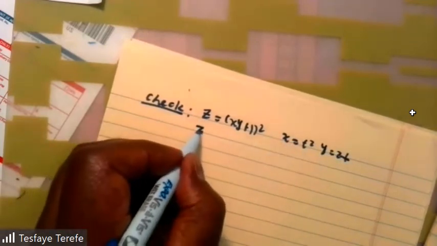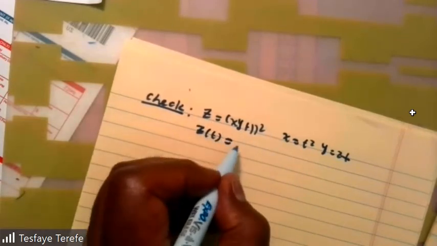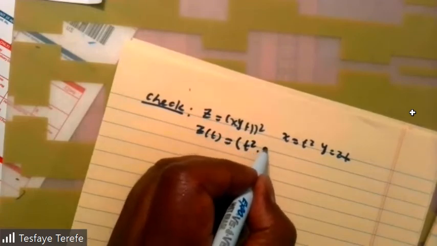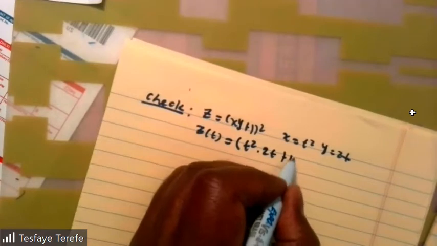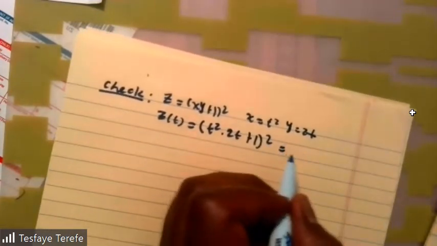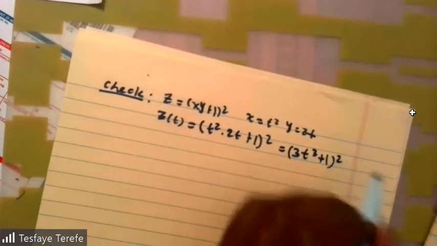And why not we make z a function of t simply? That means t squared multiplied by 2t plus 1, and that quantity is squared.